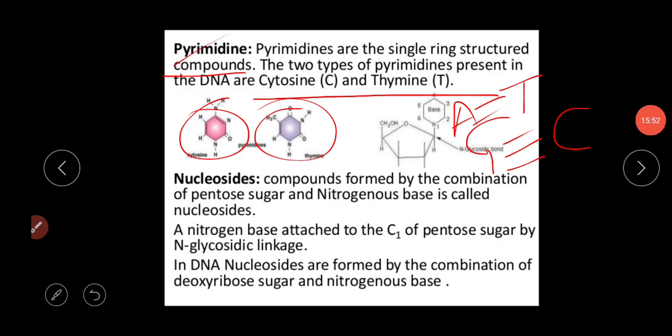So A always forms a double hydrogen bond with T and G always forms a triple hydrogen bond with C. Always remember this GC bond is more powerful than the AT bond. Why? Because here 3 hydrogen bonds are there and here 2 hydrogen bonds are there.